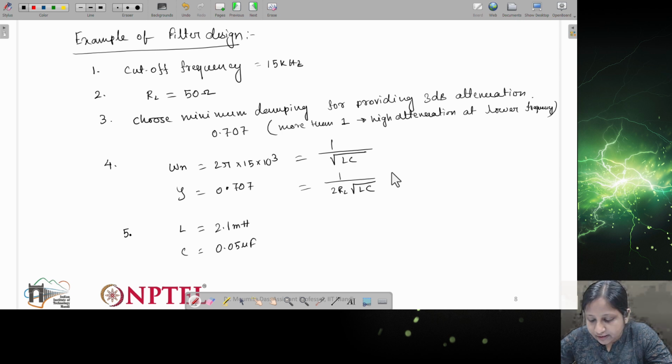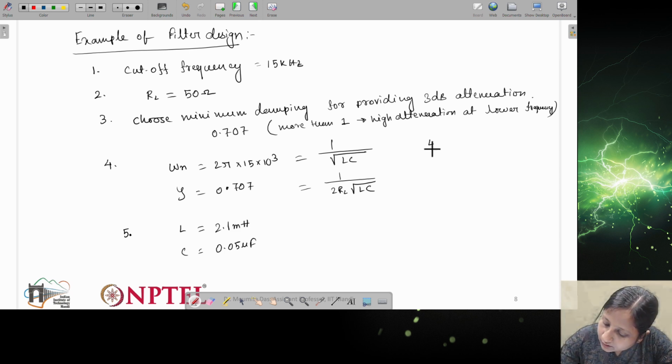So maybe the inductance and capacitance whatever we are calculating, those parameters we can select, or maybe one parameter we can increase and the other parameter we can decrease in order to maintain the required omega n and zeta. Accordingly we can find out the resultant L and C. The L and C we get here, we can select as per the equation.